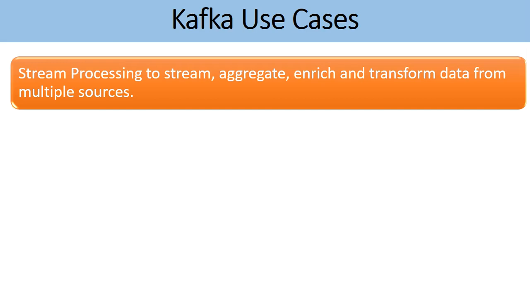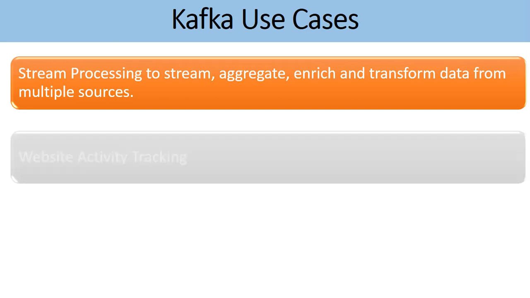We do the enrichment, we do the transformation and translation of data, and then we want to make it available to the consumers in a separate topic or in the same topic. These types of actions can be performed by Kafka, and Kafka Streams will make sure that we do the aggregation and enrichment of data in an efficient manner.